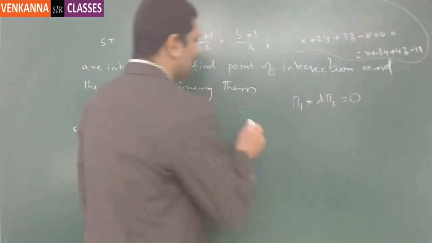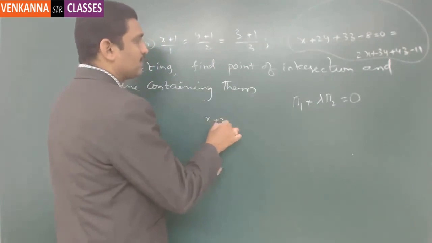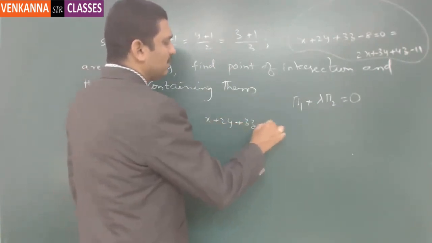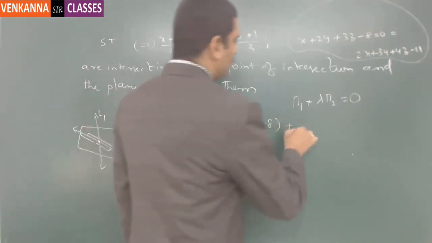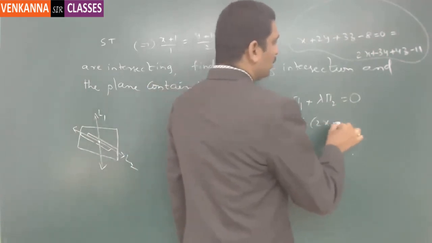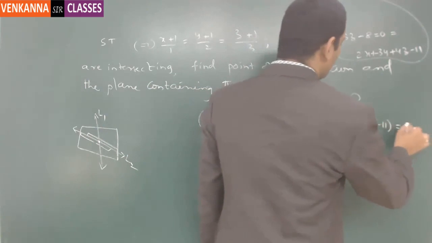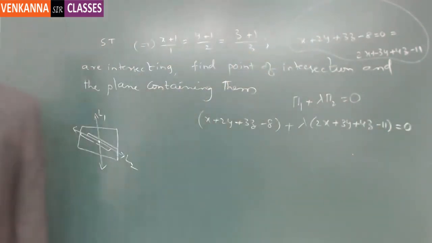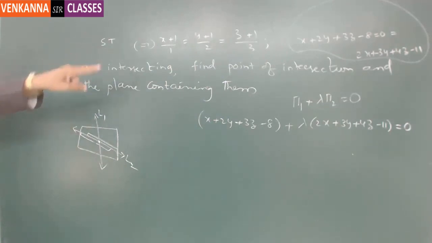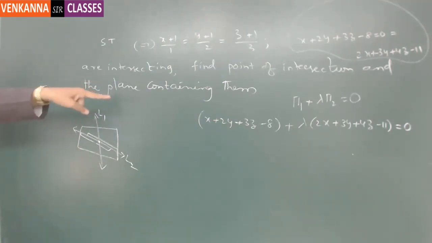If you apply that, x plus 2y plus 3z minus 8 plus lambda into 2x plus 3y plus 4z minus 11 equal to 0. So did you get the idea why I have taken that formula to calculate the plane equation? Any doubts?